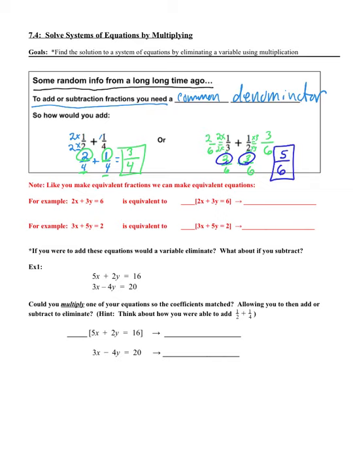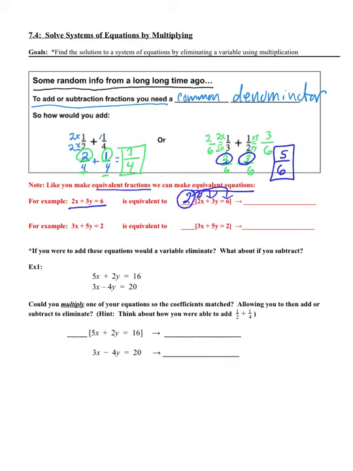All right, so we're moving along closer to solving systems of equations. In these two, in order to add fractions, we needed a common denominator. And now, like you make equivalent fractions, we're going to look at making equivalent equations, okay? So we're going to take 2x plus 3y equals 6, and I'm picking a random number, 2. And I'm going to multiply 2 by everything, okay?